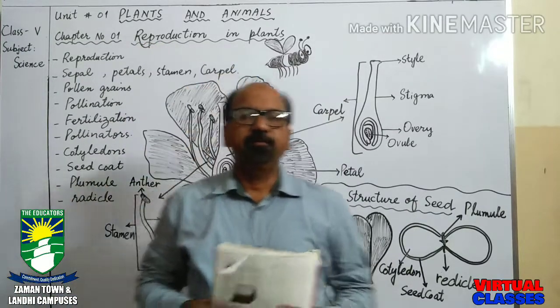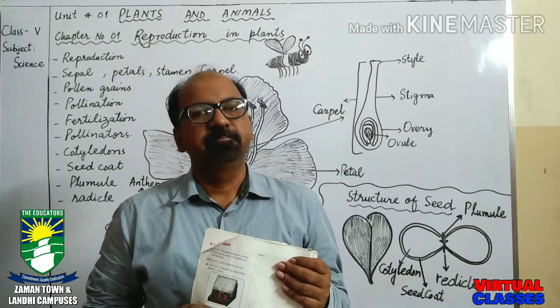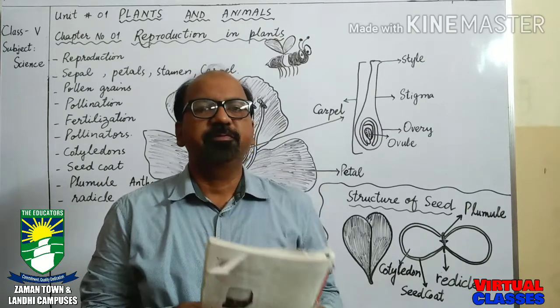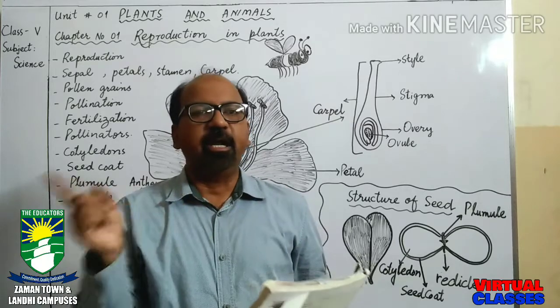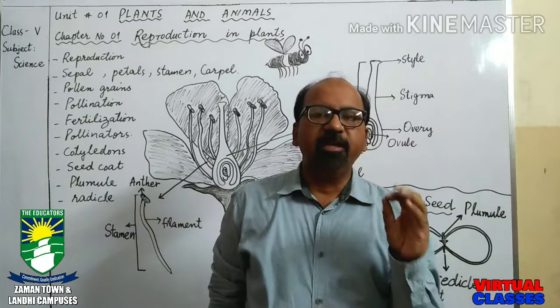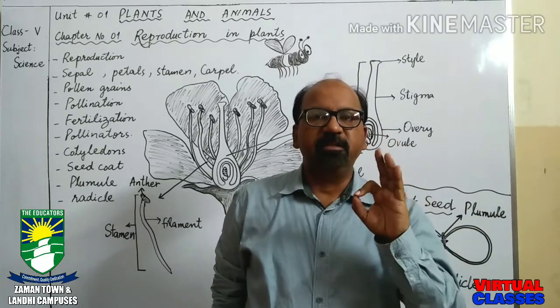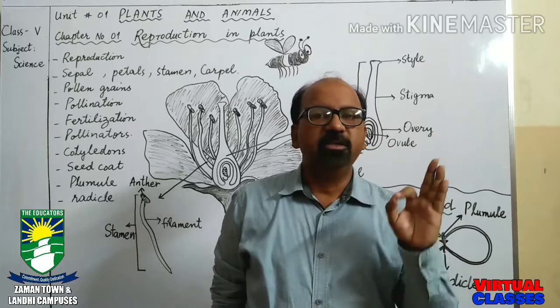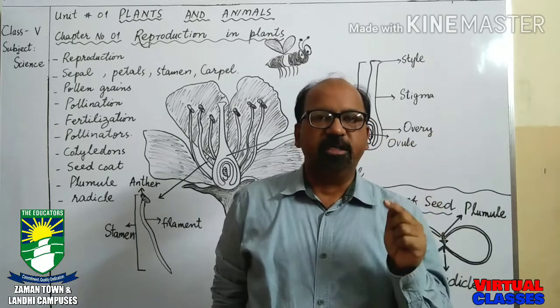Okay, first of all, I want to ask you, what is science? Science is the study of environment. Science is the study of surrounding. When we see around us, there are a lot of things. Some are non-living and some are living things. And some things which we cannot see with our naked eye are called microorganisms.